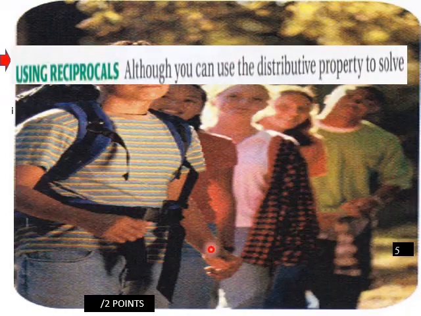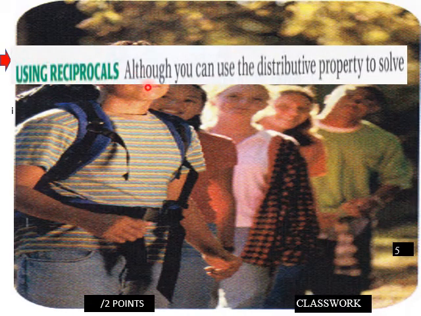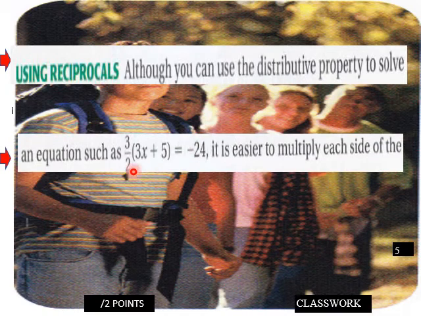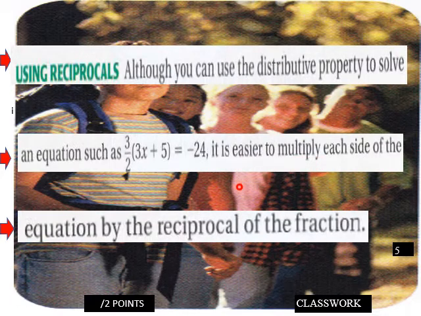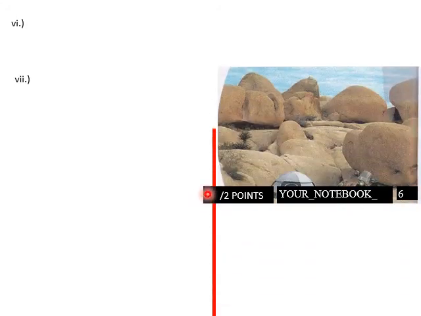So page 5 here, using reciprocals. Although you can use the distributive property to solve an equation such as 3 over 2 times the quantity 3x plus 5 equals negative 24, it is easier to multiply each side of the equation by the reciprocal of the fraction. We should multiply it by 2 to get rid of that awkward fraction there.